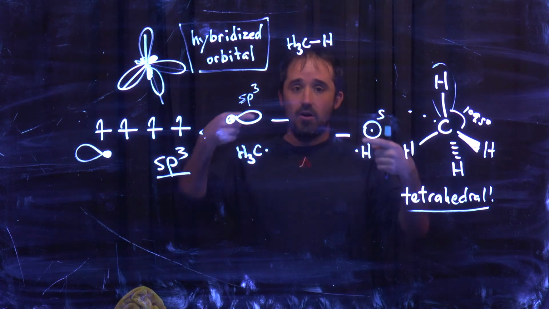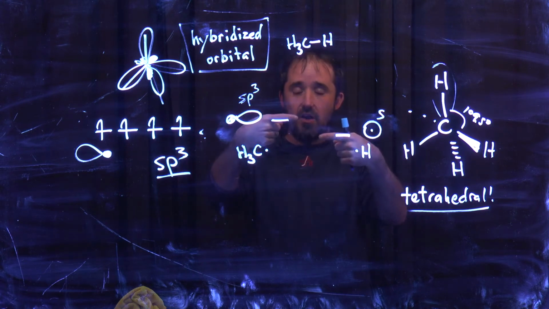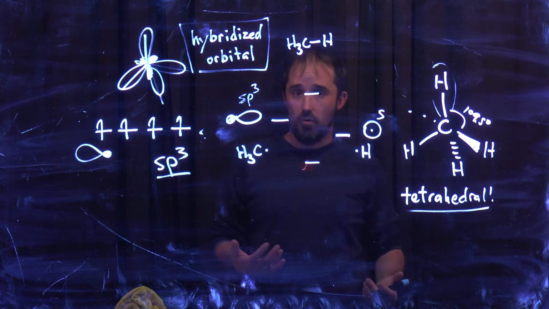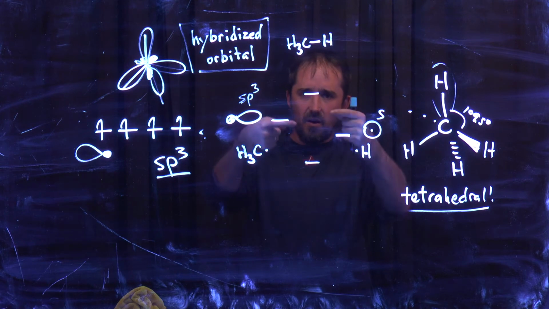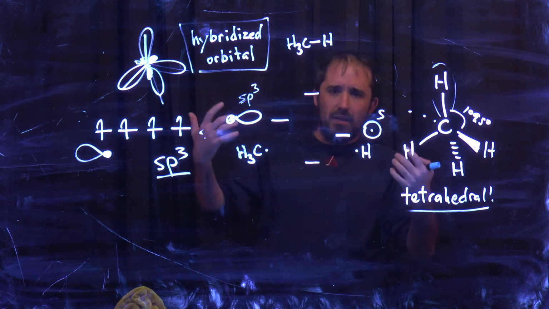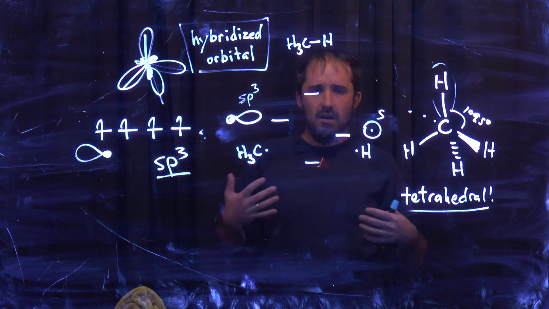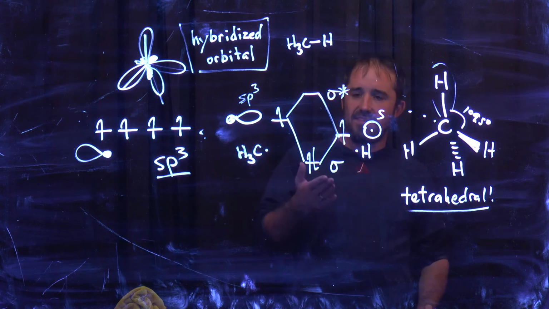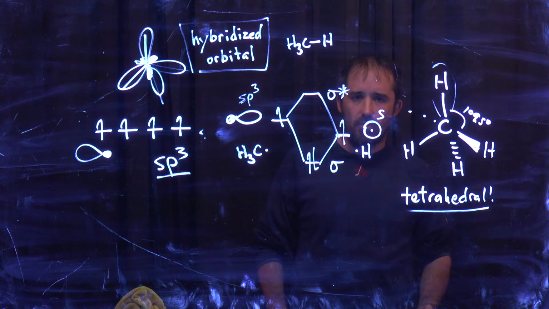And just like before, 2 atomic orbitals are going to come together to give me 2 molecular orbitals. And it's okay if the 2 orbitals are different energies. They usually will be, right? Unless it's the same atom, perfectly symmetrical coming together. Just as before, I'm going to make sigma and sigma star orbitals, bonding and anti-bonding orbitals.